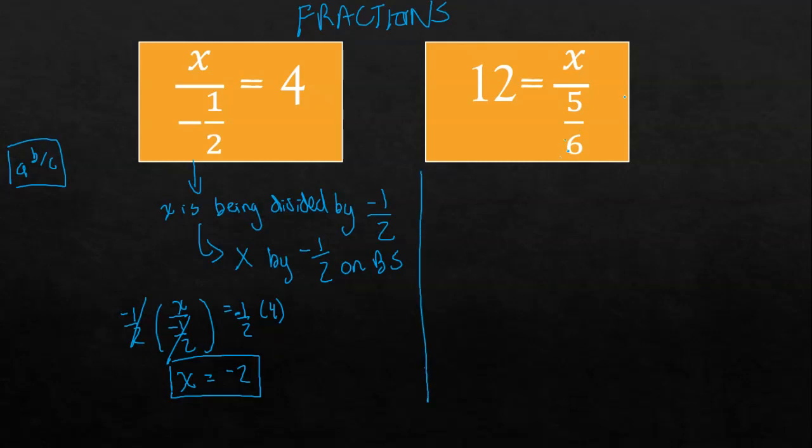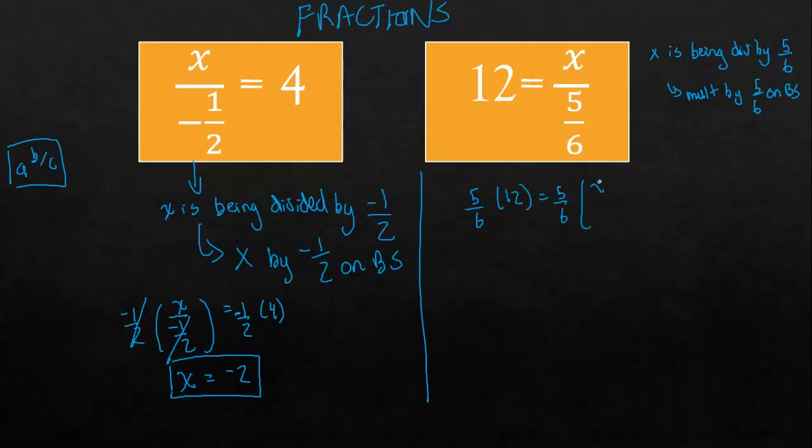Now on the second one, my x is on the right hand side, but that's okay. And I can see that x is being divided by 5/6. So that means I'm going to multiply by 5/6 on both sides. So we're going to multiply this side by 5/6 and this side by 5/6.